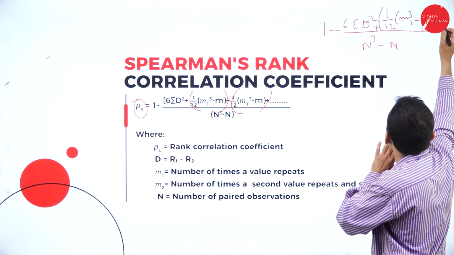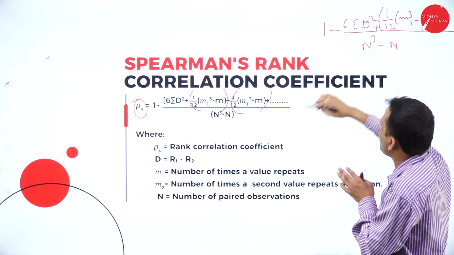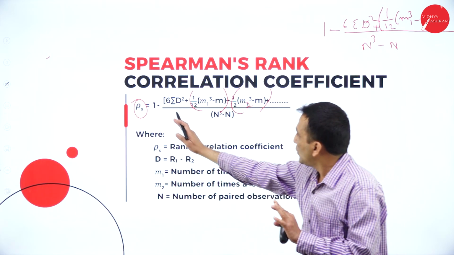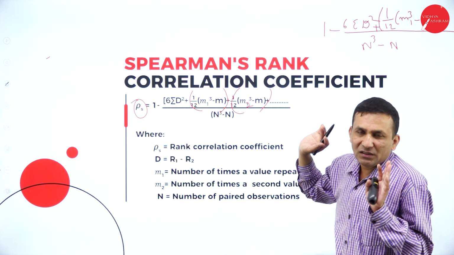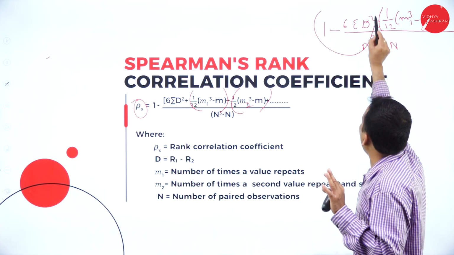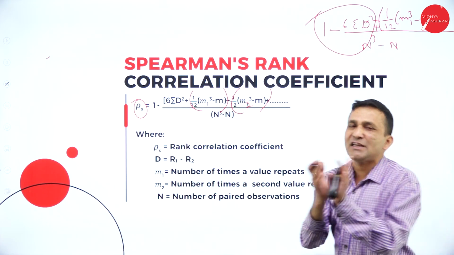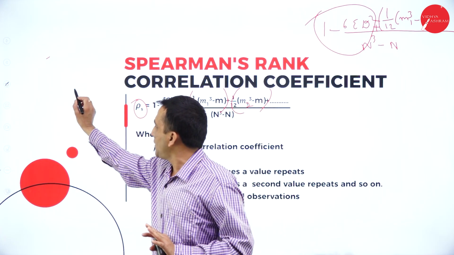Again, you need to extend it for the second student, so in the place of M1 we write M2. Very simple, the repetition. Whatever formula you use for the non-repeated case, with repetition we extend it using a correction factor. The correction factor you must remember.